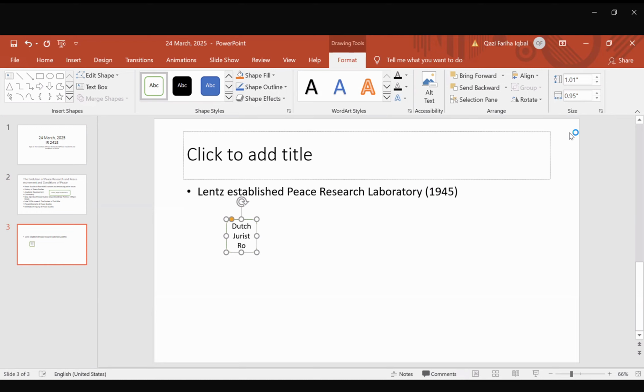So the Dutch jurist Röling established polemology in the Netherlands. So what is polemology? It means the study of war or the study of peace. So polemology is another term for peace studies, and he established it in the context of the Netherlands.